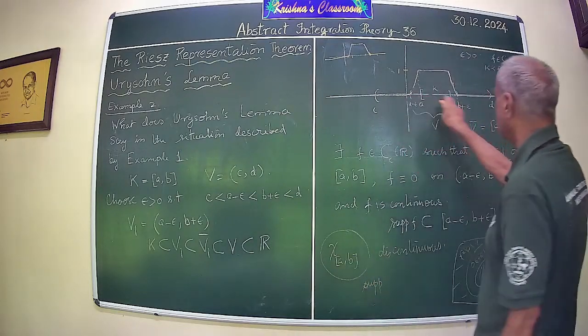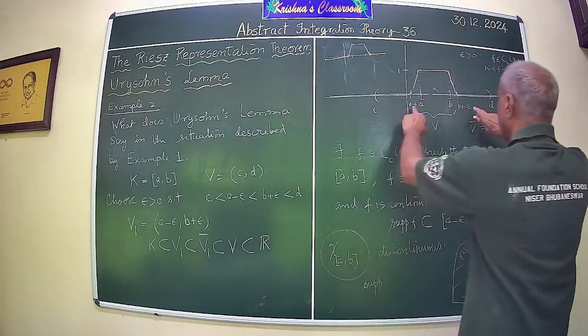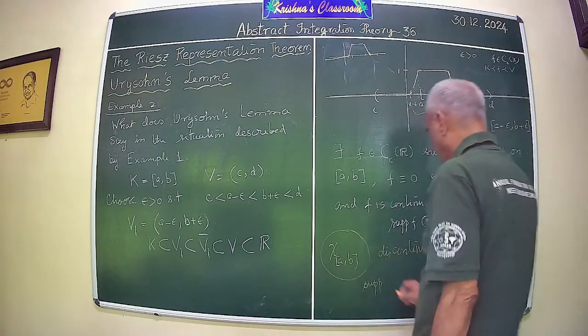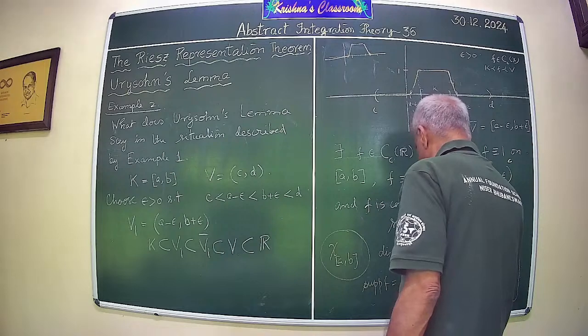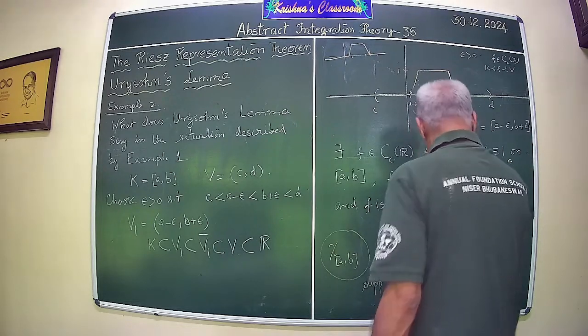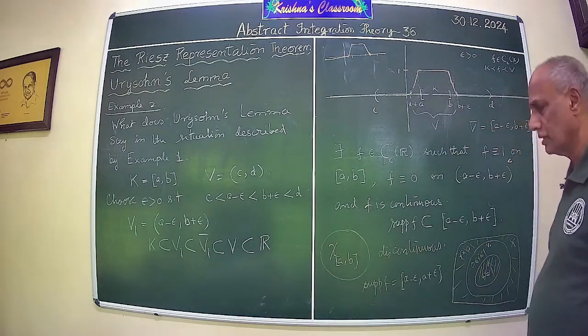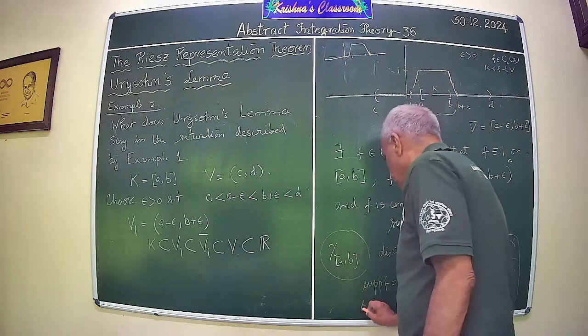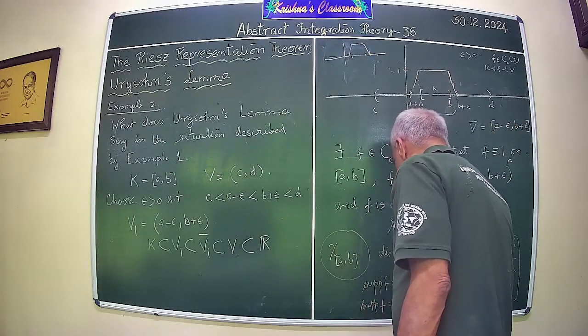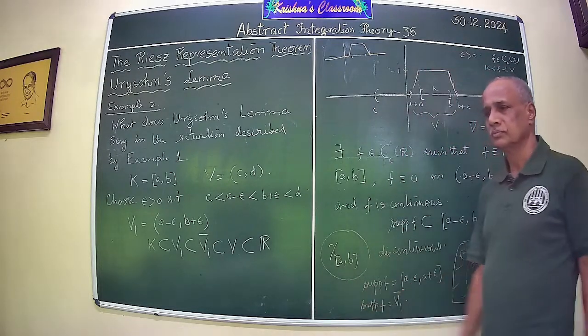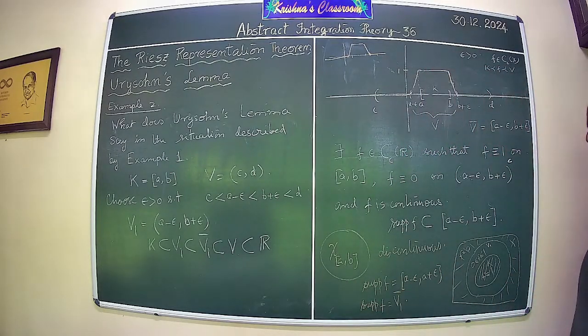See, in this case, what is the support of the function? The way in which we have drawn it, the support of the function F is going to be V1. So generally it is going to be contained in V. Now this is the content of Urysohn's lemma.